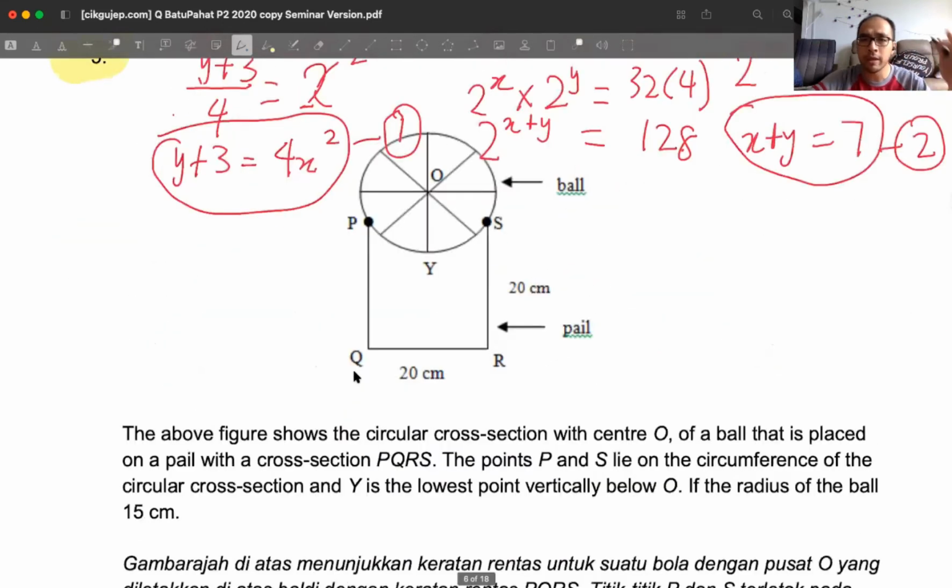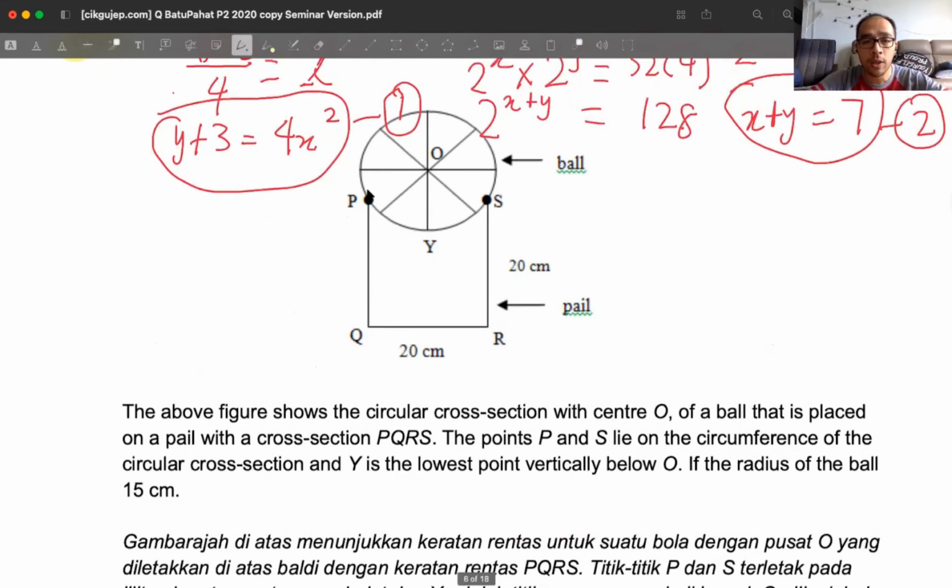Okay, so let's put in the information first. The first thing we know is from O until here, all this is 15. We know that OY is 15. Secondly, there is a line over here.